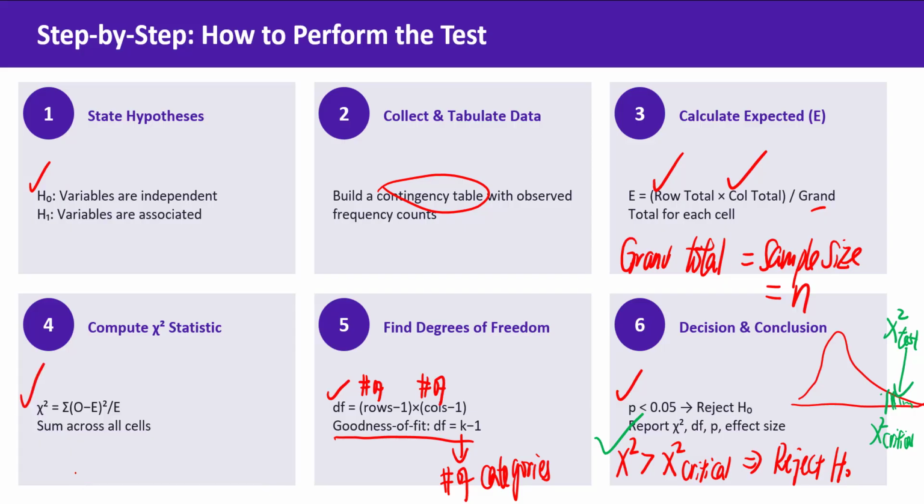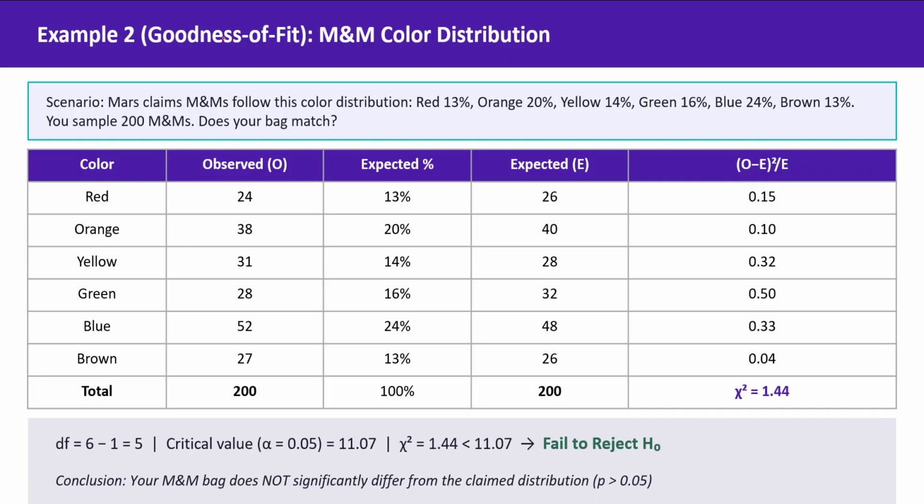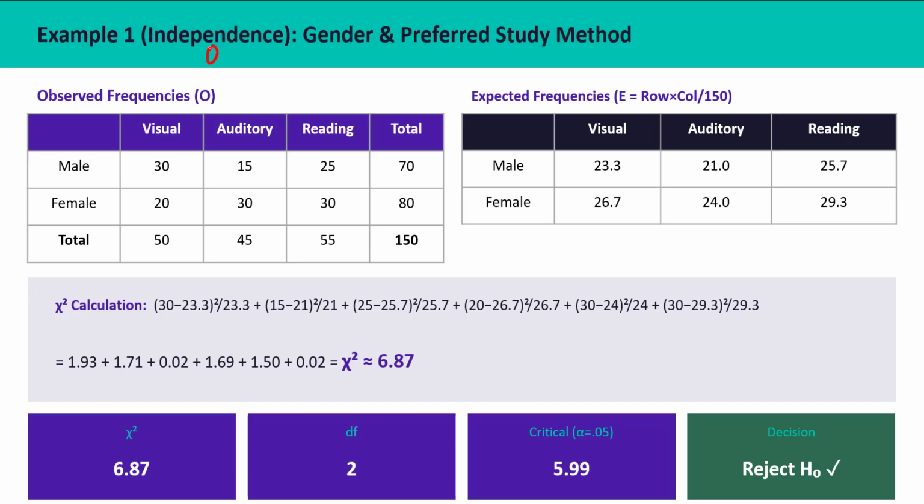But if you want to use the p-value method, then we're going to use technology, either Excel or coding languages. And so here, this is the first example. We want to determine whether gender and preferred study method are independent, right? Test for independence. So here, we have observed frequencies from a sample, this is sample data.